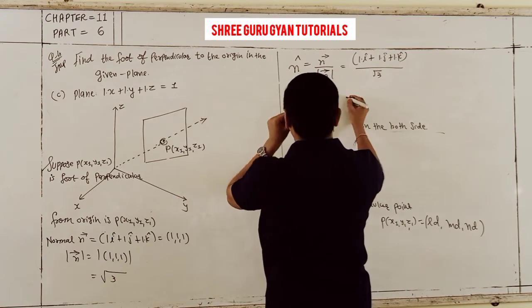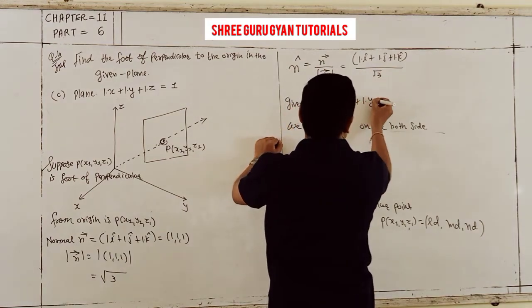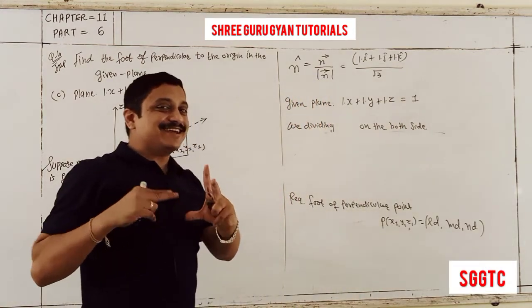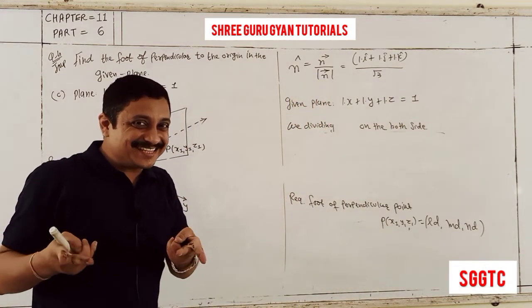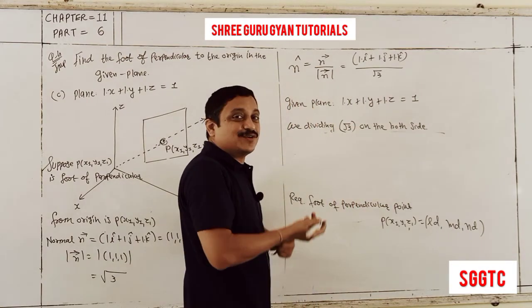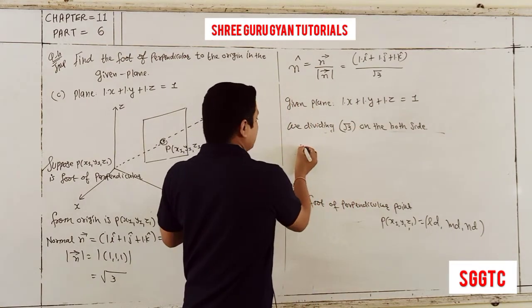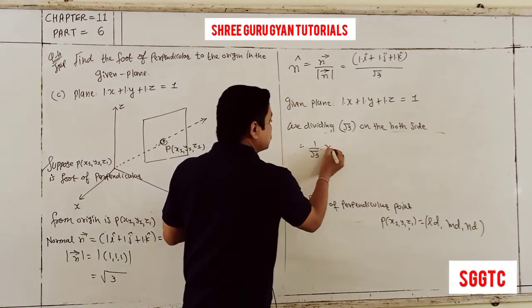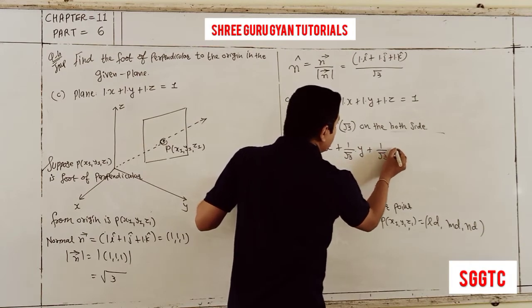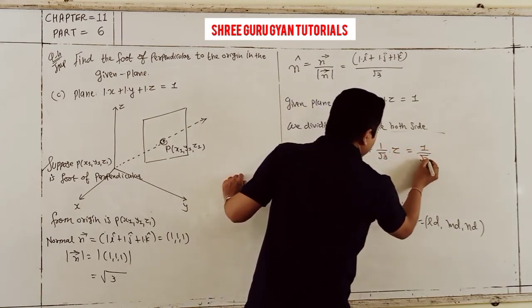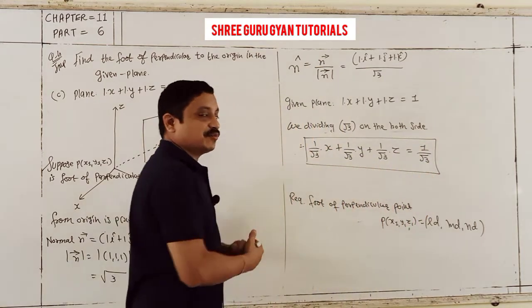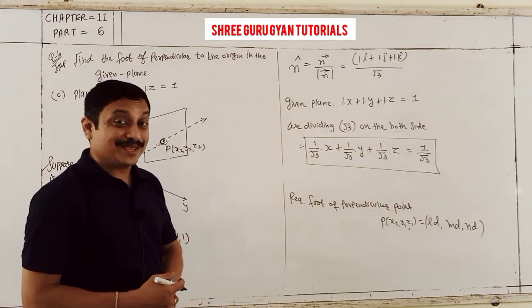So in the given plane, 1x, 1y, 1z is equal to 1. What will you divide by? Root 3. Yes, on both the sides. So we divide root 3 on both sides of the above plane. So 1 by root 3x, 1 by root 3y, 1 by root 3z, and here 1 by root 3. That's your equation of the plane in normal form.